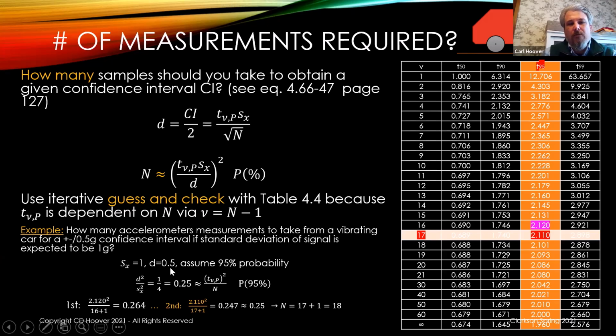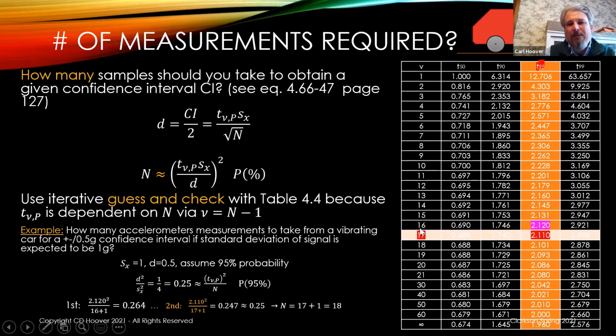So that's really 0.5 over 1 squared is 1 over 4. And so we're looking for this to be about 0.25 at 95% probability. And so we're looking to find the ratio of the square of Student's t over the number of samples to be about 0.25. First iteration, we try 16.